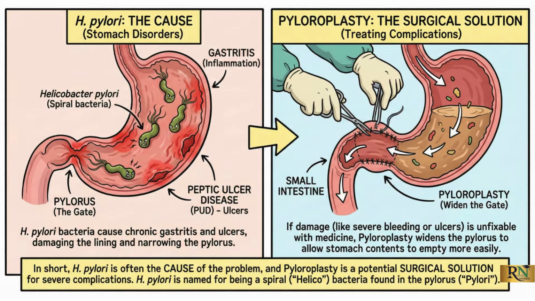Pyloroplasty is a surgery used to treat complications from the same condition, specifically if the damage from H. pylori, like severe bleeding, or ulcers cannot be fixed with medicine. A pyloroplasty might be performed to widen the opening of the stomach, the pylorus, so it can empty more easily.